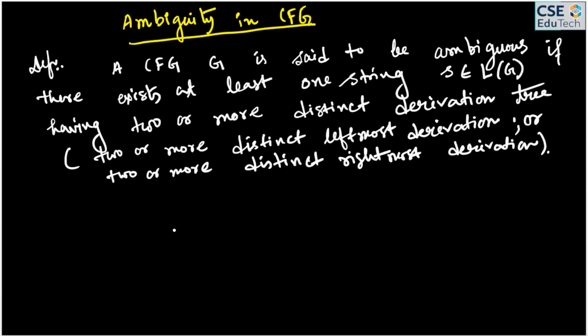So if this criterion is fulfilled, then we say that the context-free grammar G is ambiguous, or that there is an ambiguity in the context-free grammar. So we have to check for a particular string, any string which belongs to this grammar, and find for this string two or more distinct leftmost derivations or two or more distinct rightmost derivations.